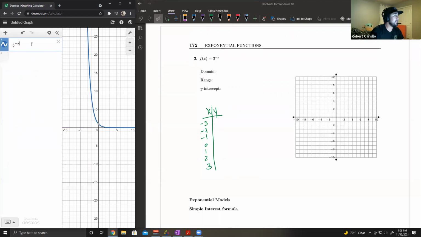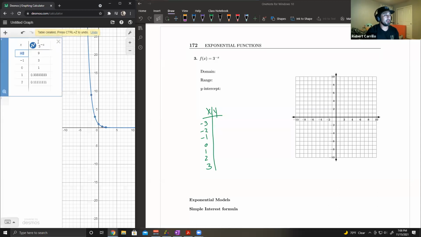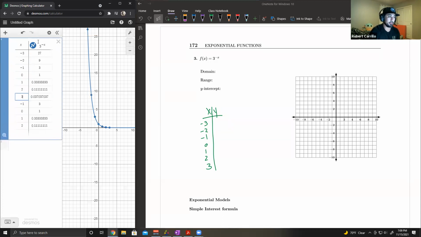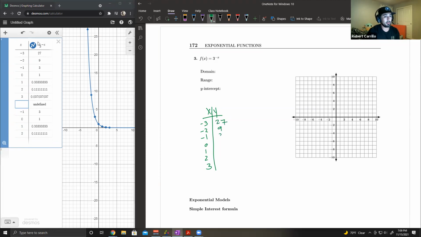So 3 to the -x. Make my XY chart and do our numbers: -3, -2, -1, 0, 1, 2, 3. Okay. So at -3, we get 27, 9, 3.